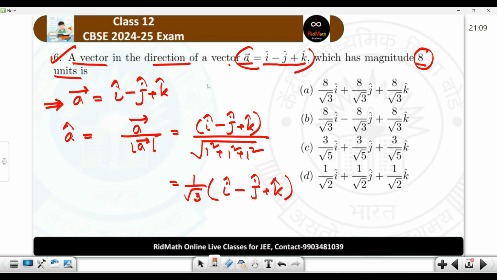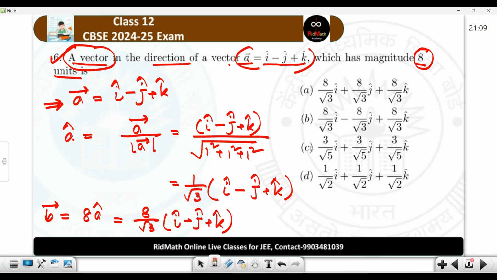And a vector in the direction of this a vector which has 8 unit magnitude, so 8 a cap will be that vector, so that vector is b vector which is in the direction of a vector and 8 magnitude is 8 a cap, that means 8 by root 3 I cap minus j cap plus k cap.